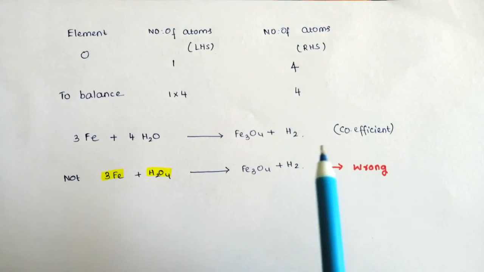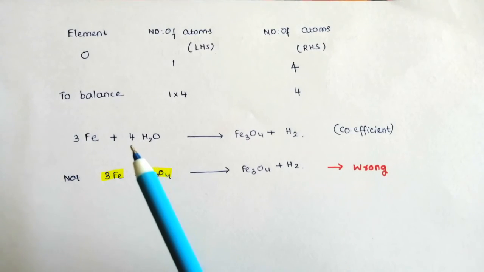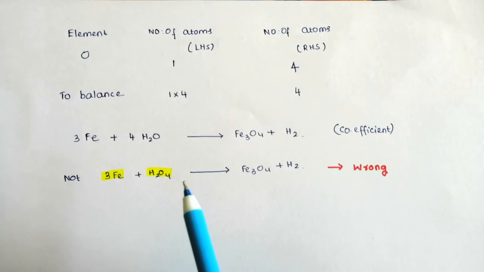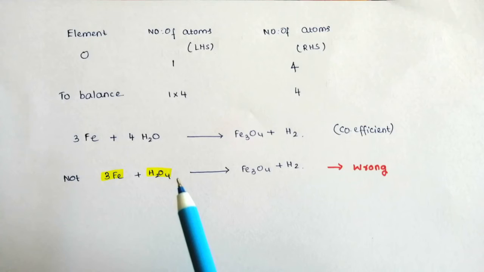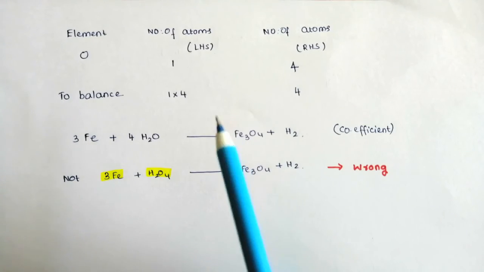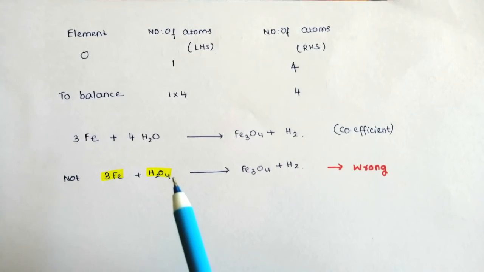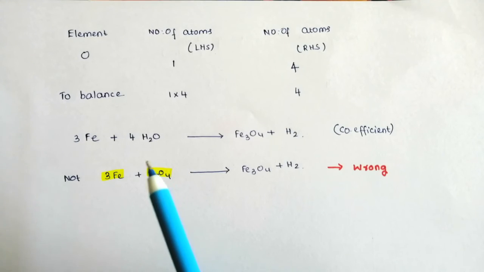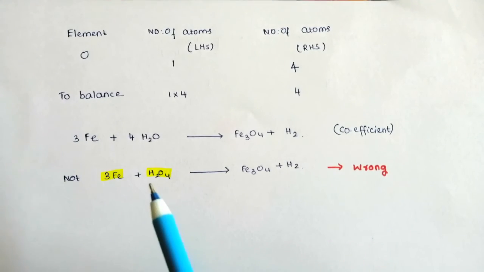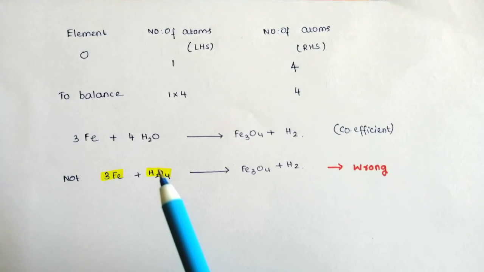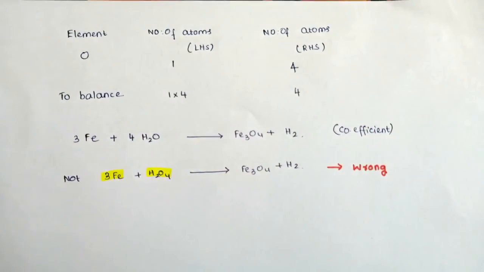To balance the chemical equation, you have to write coefficients, but you don't have to change the formula. As I have written here, for 4 oxygen atoms, I have written H2O4. Here I am changing the chemical formula, but it is a wrong thing. You don't have to change the chemical formula, but you have to balance the equation by writing 4 as a coefficient.